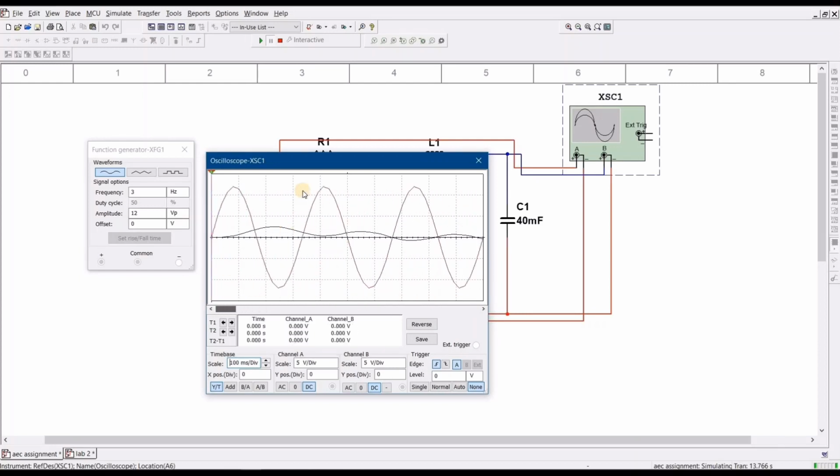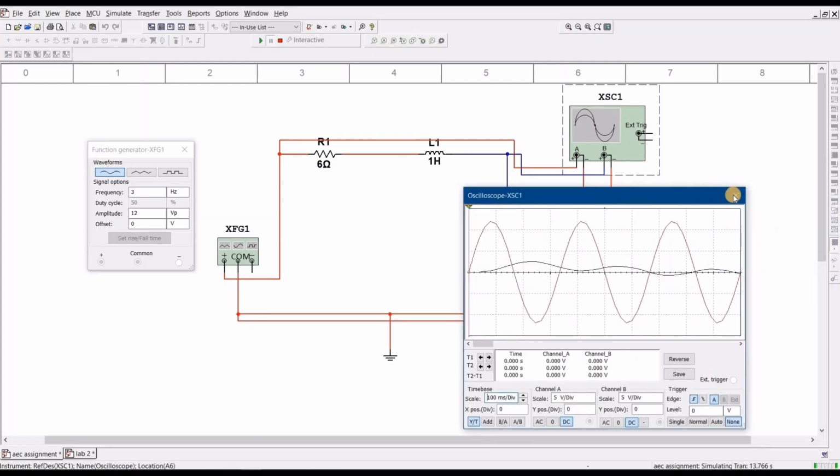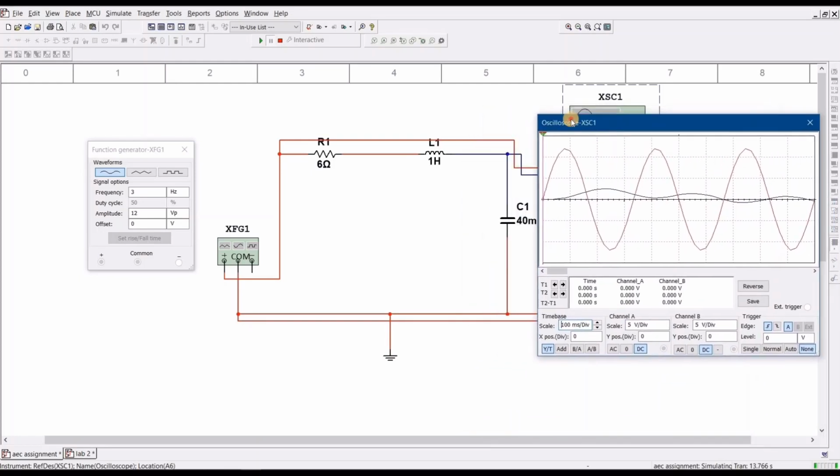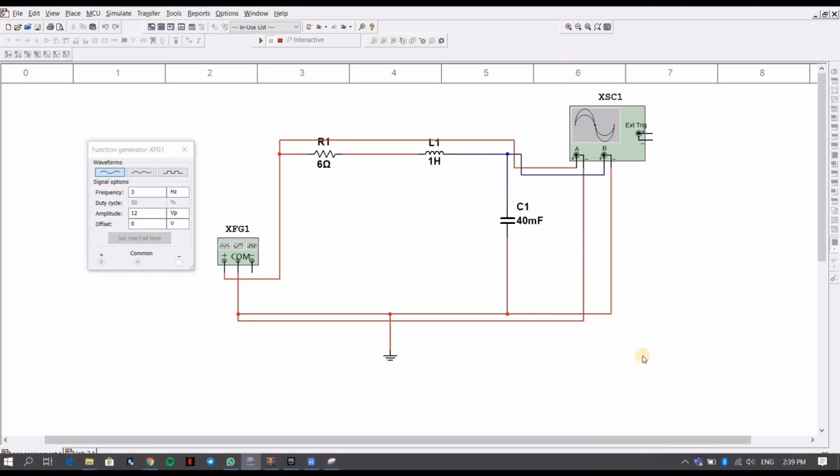Smoothing circuits are usually used in filters as they smooth the graph and the output for every signal. Okay, that's all. Thank you.